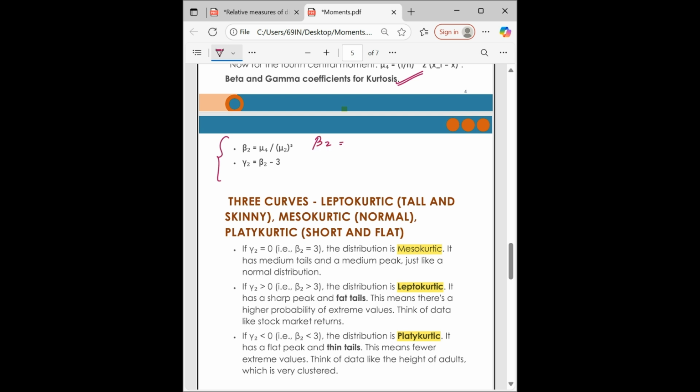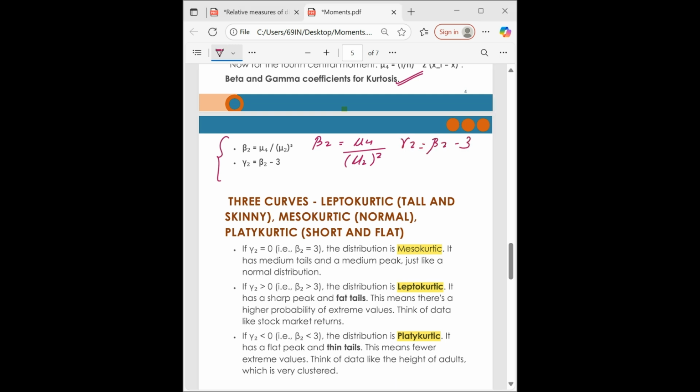Beta 2 is equal to mu 4 by mu 2 whole square, and gamma 2 is equal to beta 2 minus 3. Now you may wonder why subtract 3? Because a perfectly normal distribution, the bell curve, has a beta 2 value of exactly 3. So we use this gamma 2 to measure kurtosis relative to the normal distribution.